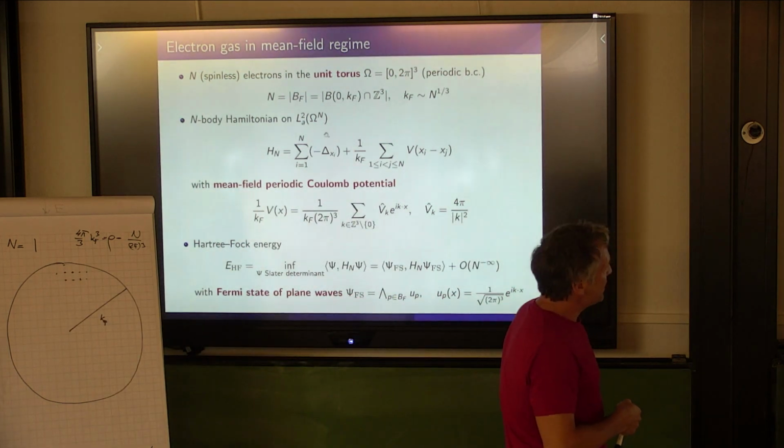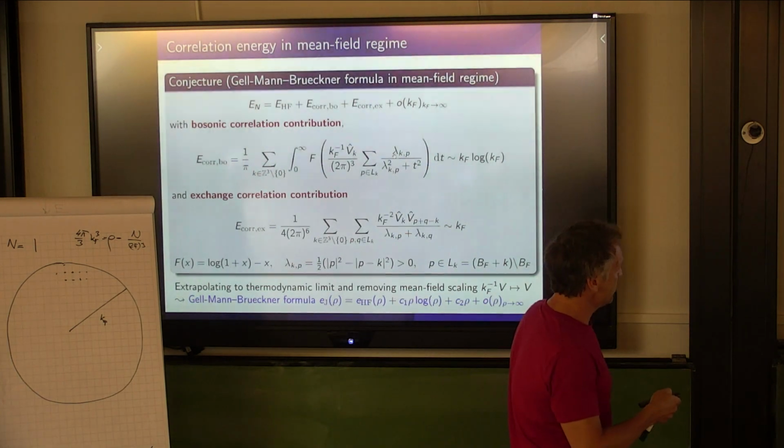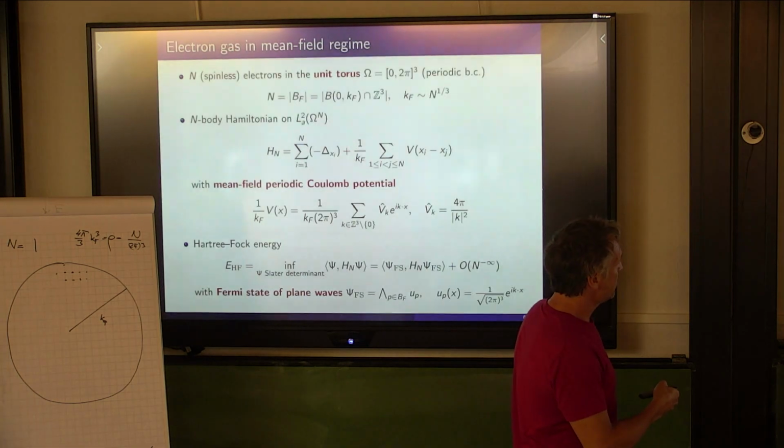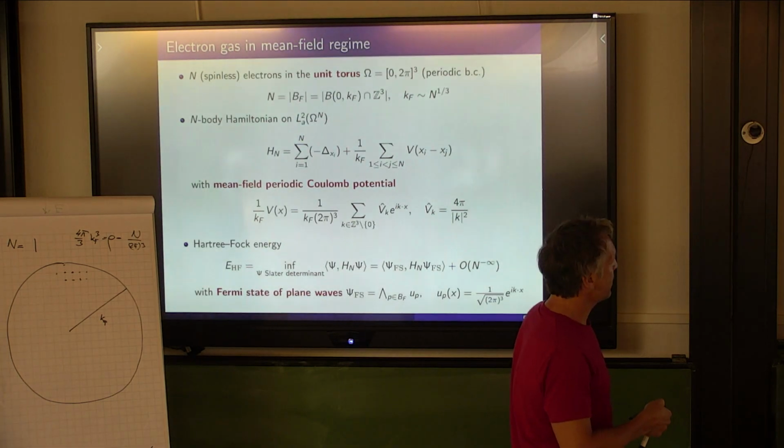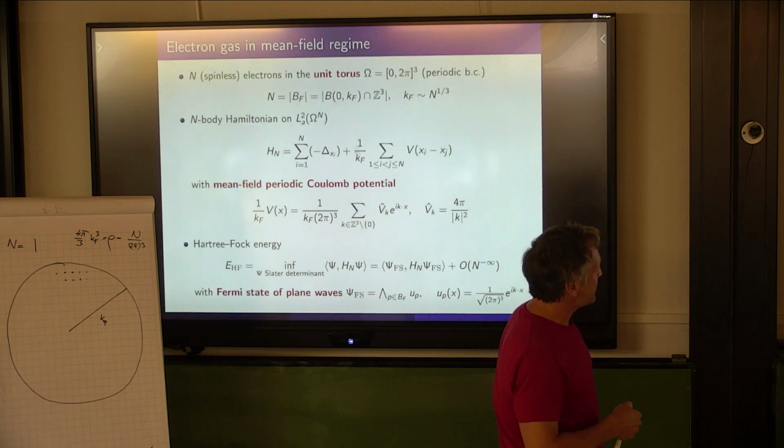Then the Hamiltonian is a little bit different. Namely, we scale it by 1 over kF, so that the interaction is then proportional to the kinetic energy.